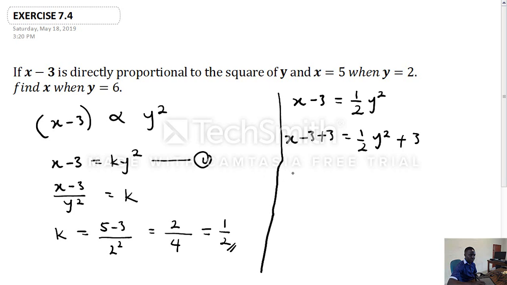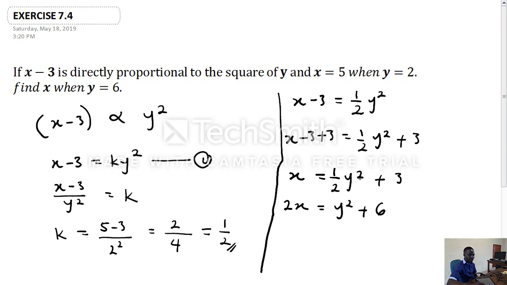So this becomes x is equal to, because minus 3 plus 3 is 0, is equal to half y squared plus 3. But I want to also get rid of this fraction, so I'm going to multiply every term by 2. So this becomes 2x is equal to y squared plus 6, because 2 times x is 2x.